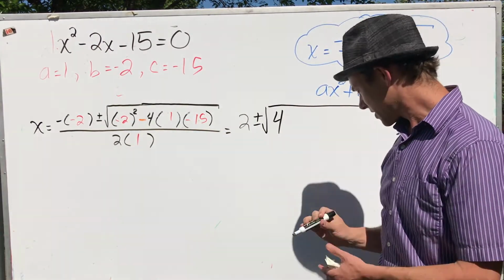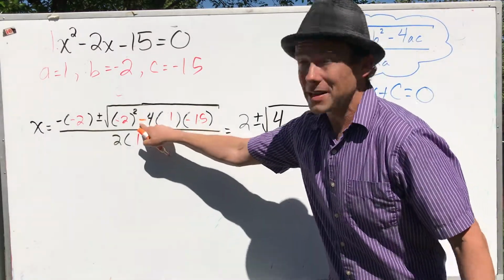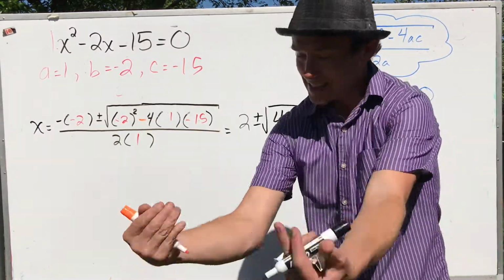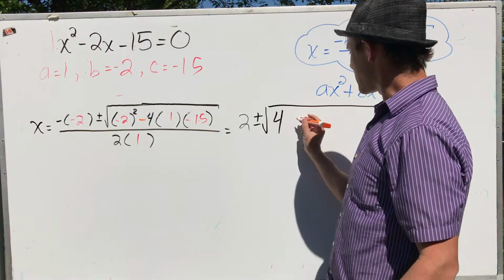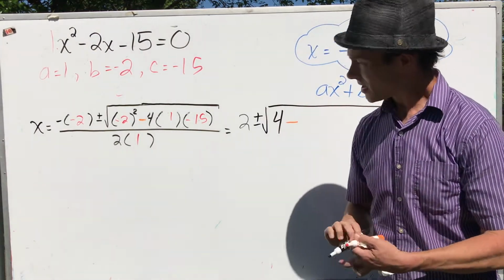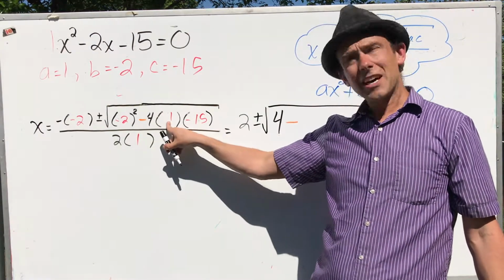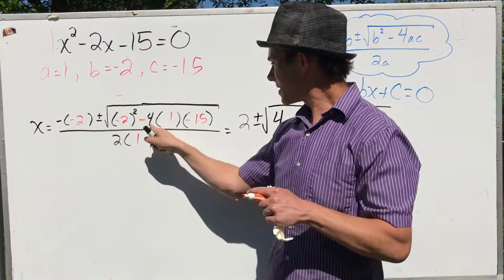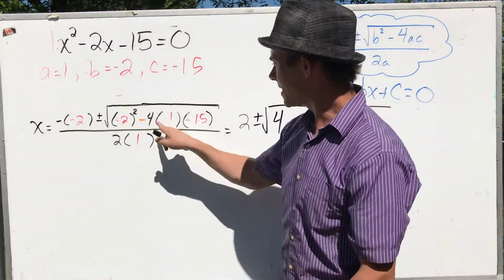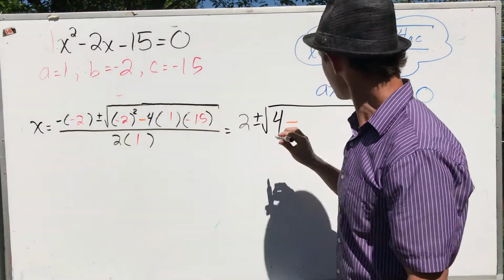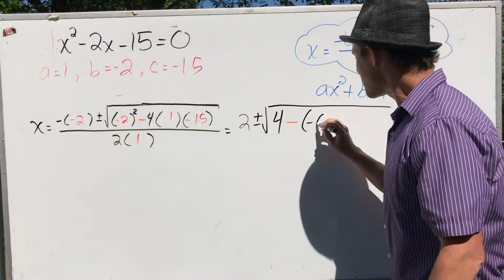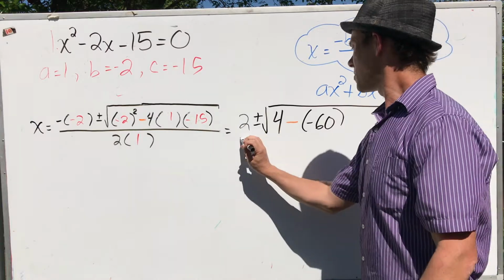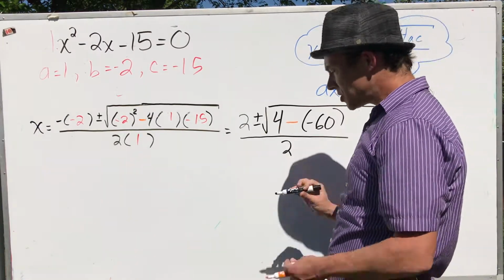-2 squared, feeling good about that. To me, that's a subtraction sign, a takeaway sign. I'm going to bring that takeaway sign. +4 times 1 times -15 is going to be -60, right? Because positive, positive, negative. So I'm going to bring out some parentheses. Put all of that over 2.